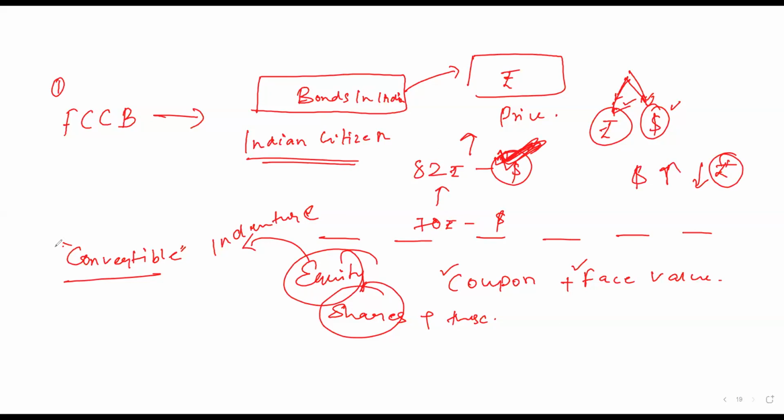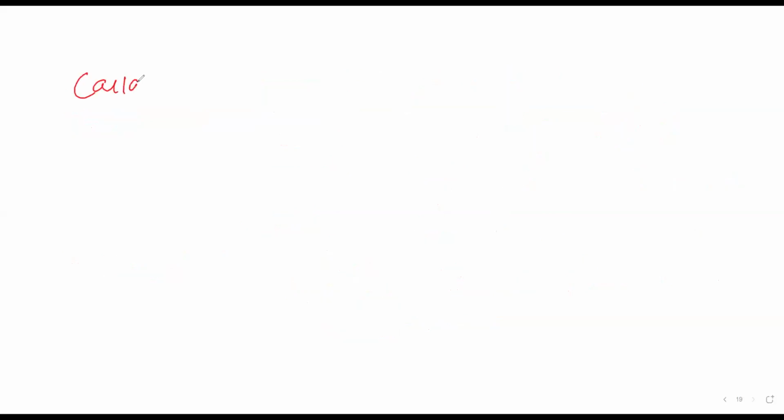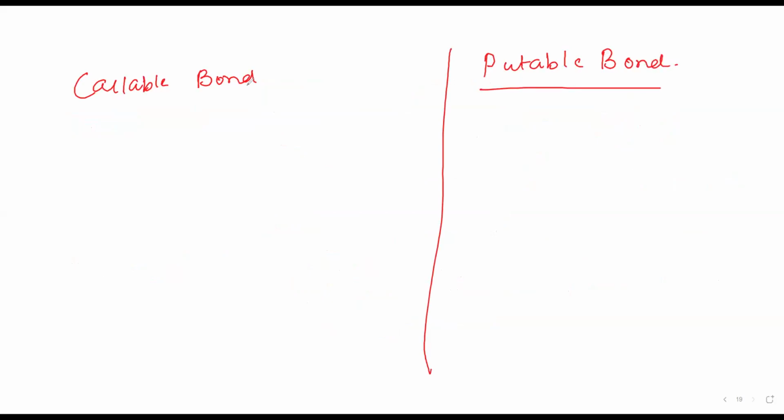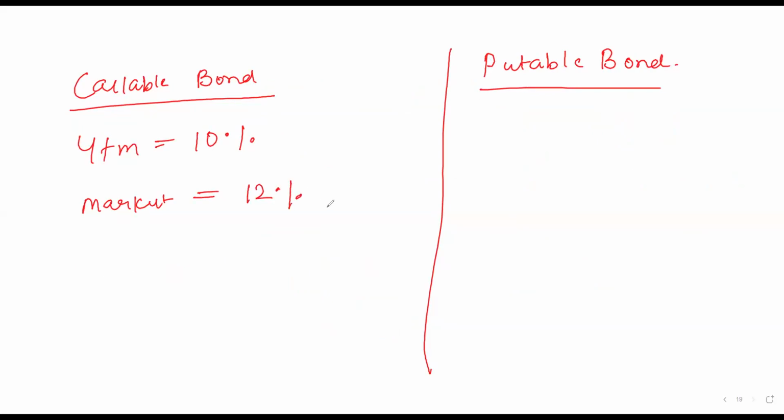Last two things for the day now. Last is the callable bond and the putable bond. Let's say there is a bond which gives a YTM of 10%, and the market rate of a similar quality bond went up to 12%.